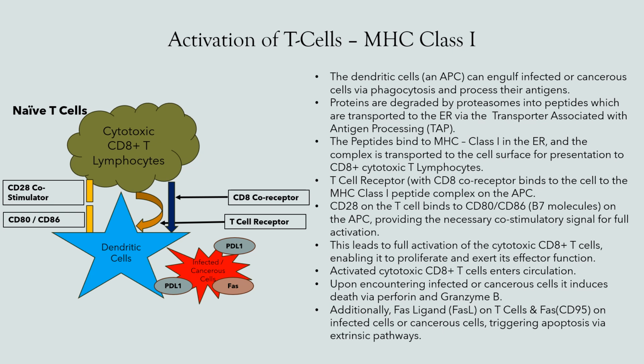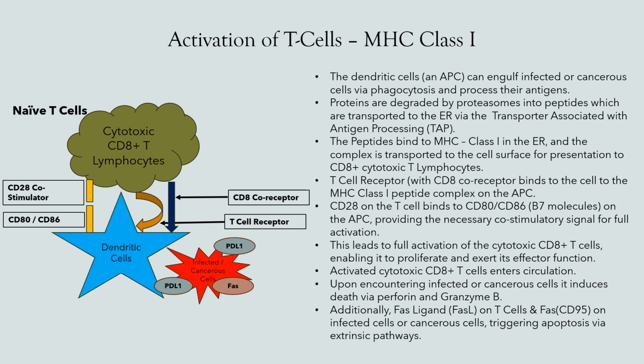They have to bind to the B7 molecules, which are CD80 or CD86, on the antigen presenting cells, and this provides a second activation, called the co-stimulatory signal, and it's required for full activation. Once you get this full activation, the CD8 cytotoxic T lymphocytes can then proliferate, and they can exert their effector function.